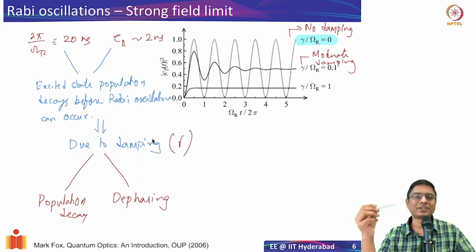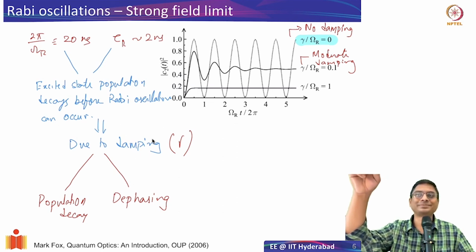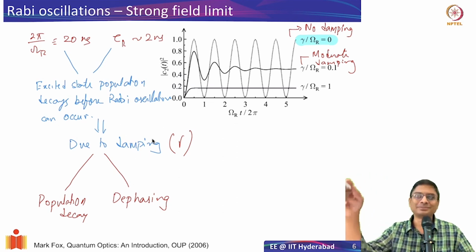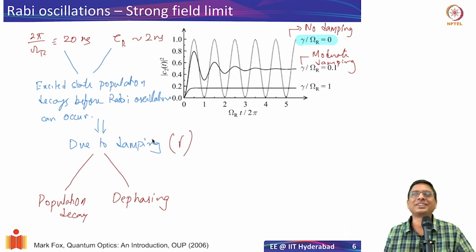The question was, where is energy going if the excited state population is changing? Let's say the C2 probability goes up, down and up. Whenever the excited state comes back down to the ground state, essentially you're emitting a photon, and that photon is getting reabsorbed and then it's going back up. But in real life, it can never be such a scenario.